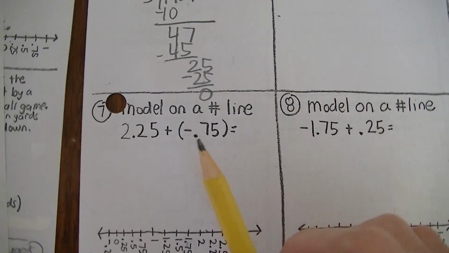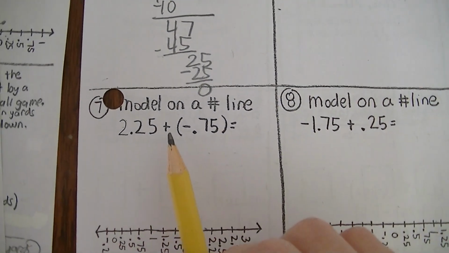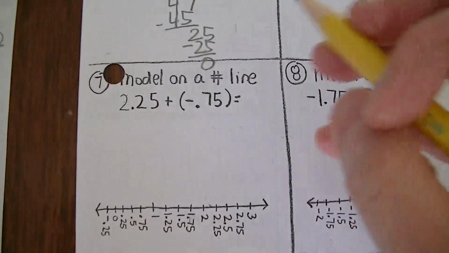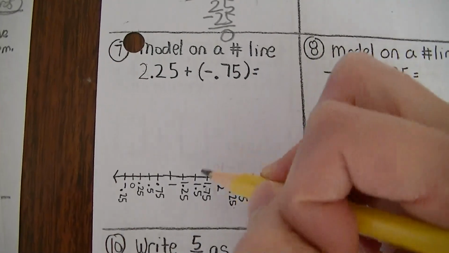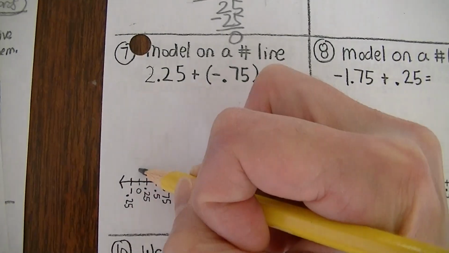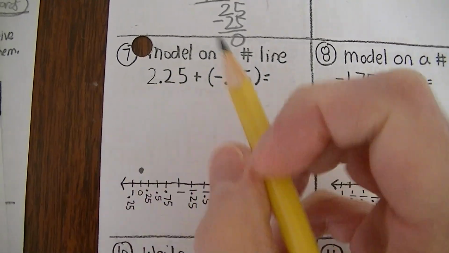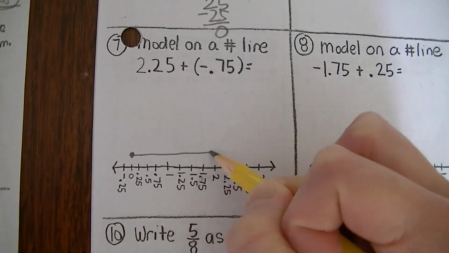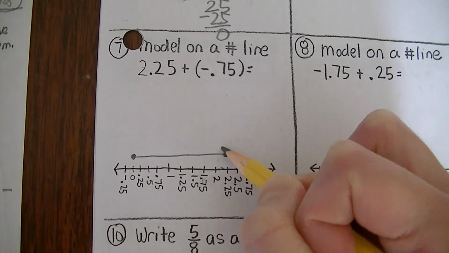Number 7. Model on a number line: 2.25 plus a negative 75 hundredths. Well, with vectors, you're going to start at 0. And since it's a positive 2.25, you're going to go to the right that many units, 2.25. You'll end up right there.